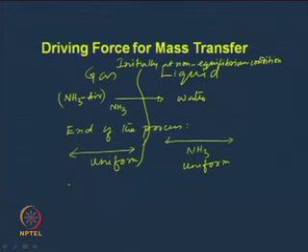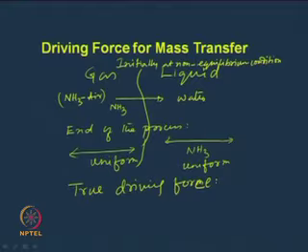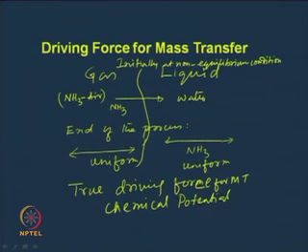So, the true driving force for mass transfer is the chemical potential or activity. But for multi-phase systems, we generally deal with the diffusional process in each phase individually, and in each phase concentration is the driving force for mass transfer.